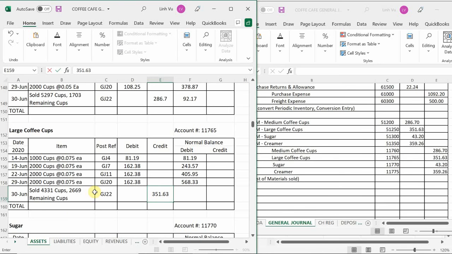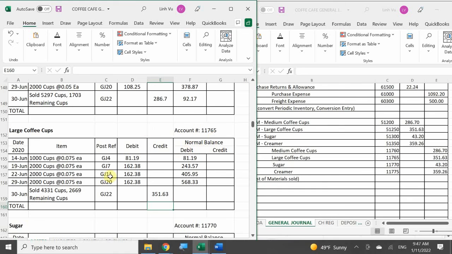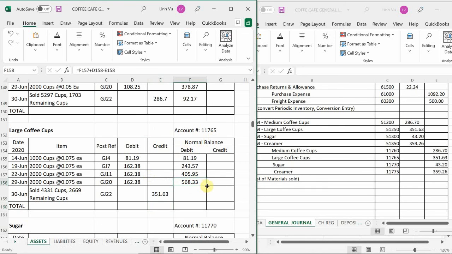And we sold 351.63. What's my ending balance going to be now? 216.70. Okay.